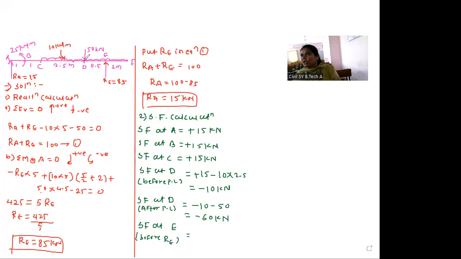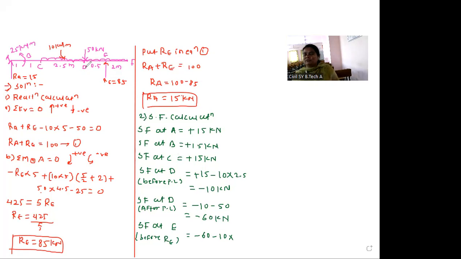Shear force at E but before RE is equal to, up to this D point shear force is minus 60. Now in between D to E there is uniformly distributed load, again acting downward, so minus 10 into, now you tell me the span for this. We are calculating at E point. Up to D point we have already calculated.